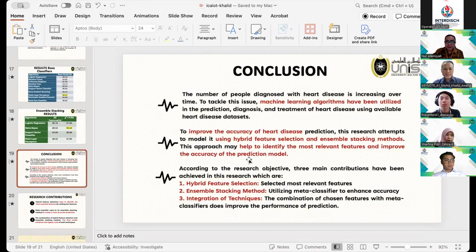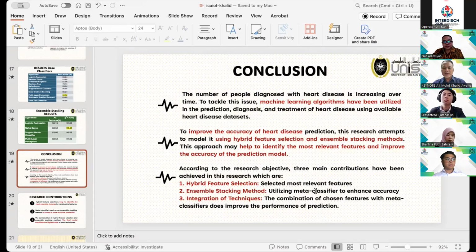Okay. So based on our research objective, there are three main contributions that we have come out with, which is we have proposed a hybrid feature selection. From the experiment we have selected the most relevant features by using the chi-square and ANOVA. We also propose an ensemble stacking method.